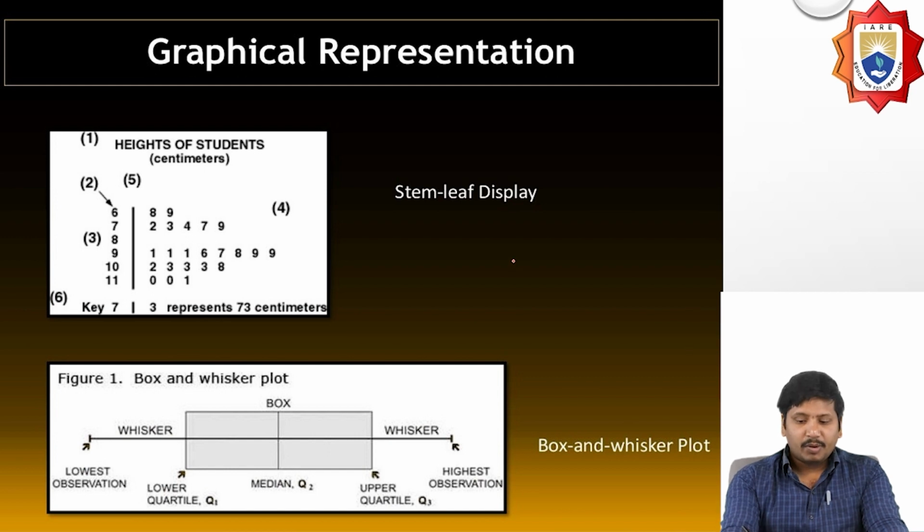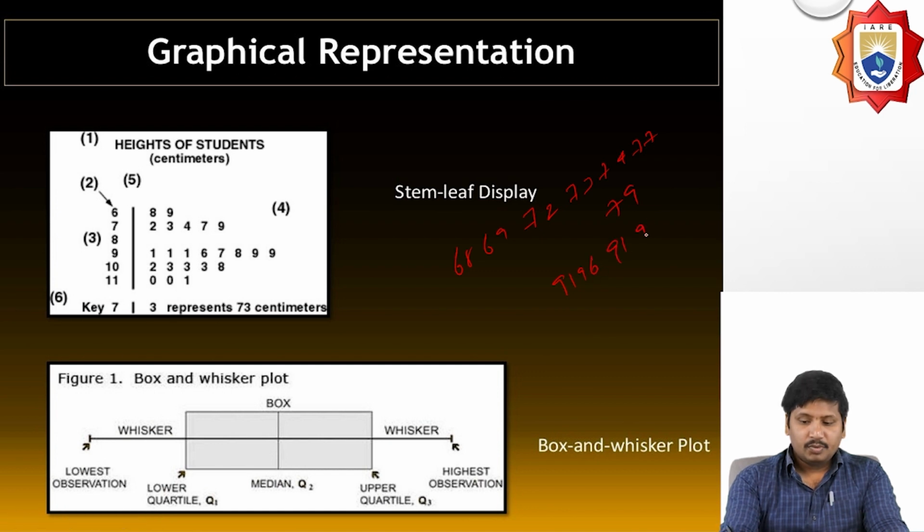Suppose I have a sequence of numbers like 68, 69, 72, 73, 74, 77, 79, and 91, 91, 91, 96, 97, 98, 99.